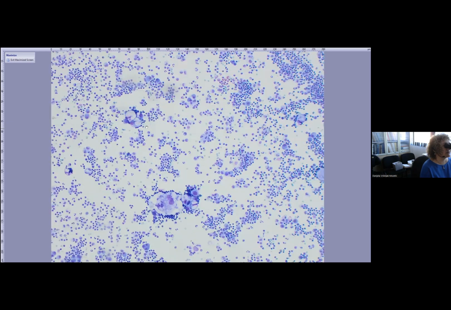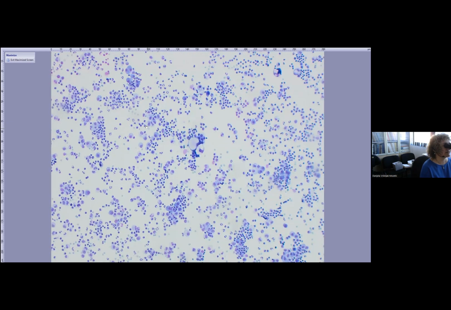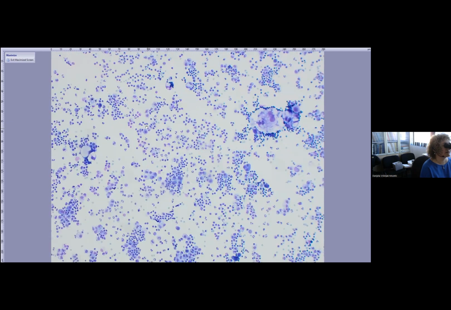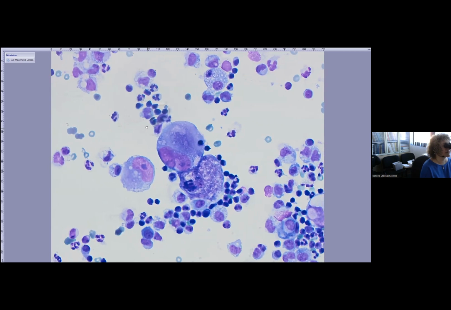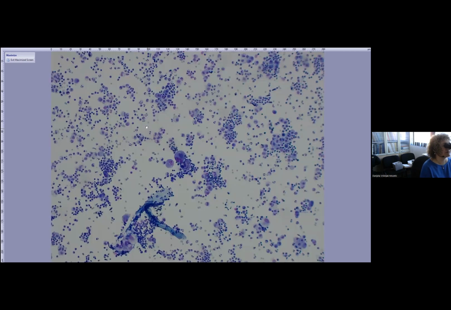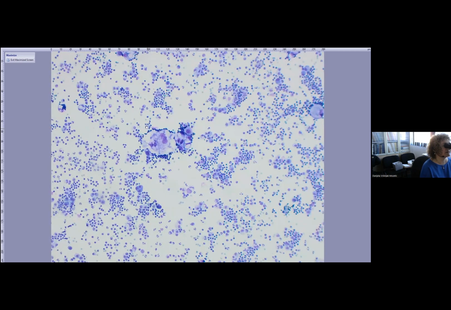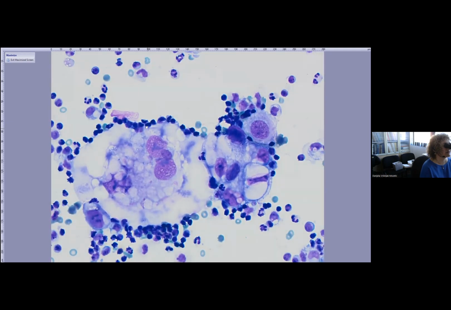First we made the cytospins with MGG and Papanicolaou stain. So you can see here the cells which are malignant, of course. It is not a problem to say it's malignant and possibly adenocarcinoma of high grade.